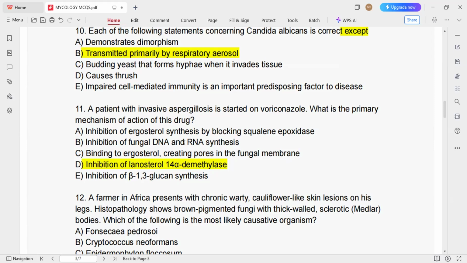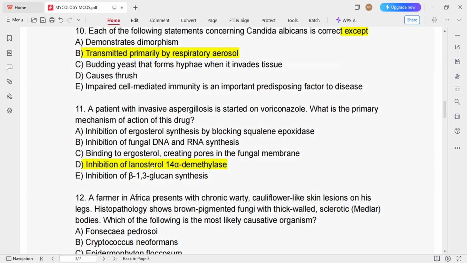Flucytosine. Good. Binding of ergosterol creating pores on the fungal membrane. Steve is quiet. Are you there? Yes, I'm there. What's the answer for choice C? Amphotericin B, good. And nystatin.